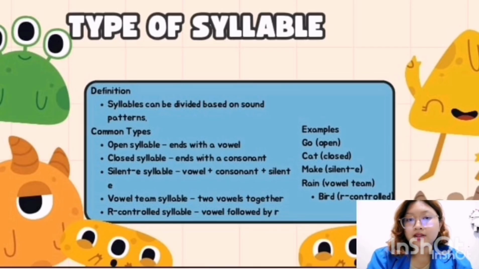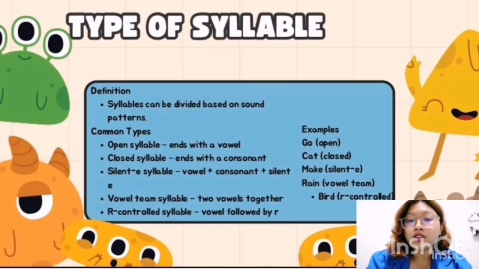Types of syllables. Syllables can be divided based on sound patterns. The first one we have is open syllables, ending with a vowel. Closed syllables end with a consonant. Silent E syllables are vowel plus consonant plus silent E. Vowel team syllables have two vowels together.